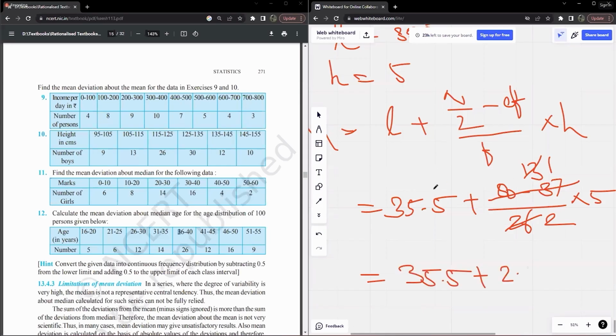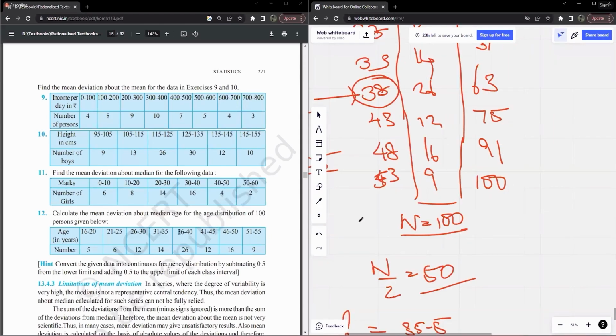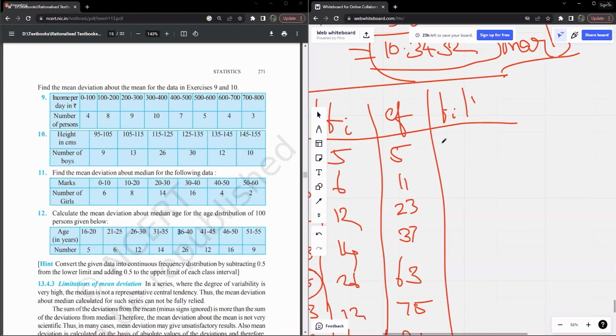Cool. So we basically have then that fi times the absolute value of xi minus capital M, since 38 itself is your median, this is also the median. We have 5 into 18 minus 38, that's 5 into 20, that's 100.